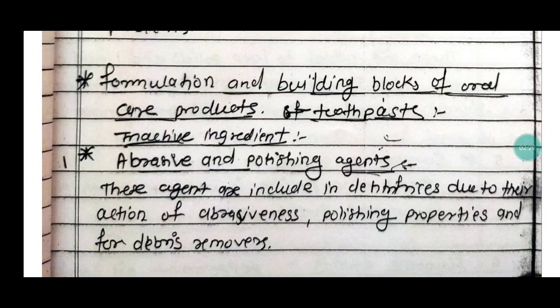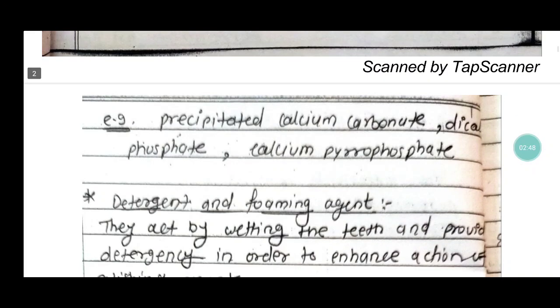Among the inactive ingredients are abrasive and polishing agents. These have the property of polishing and abrasiveness, removing debris and dirt from the tooth. Examples are precipitated calcium carbonate, dicalcium phosphate, and calcium pyrophosphate.